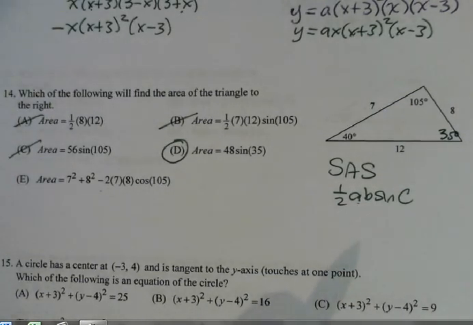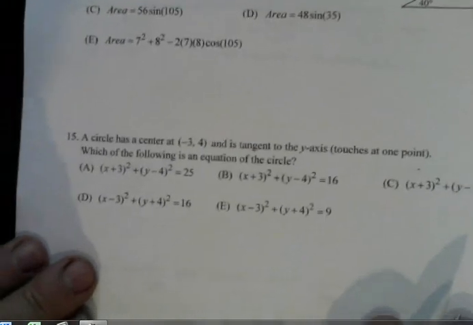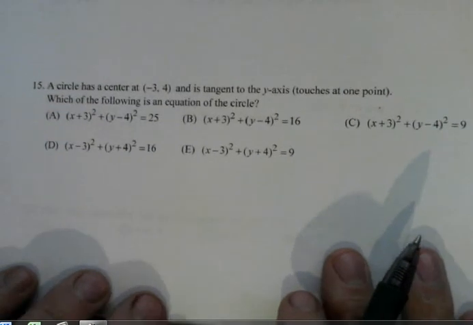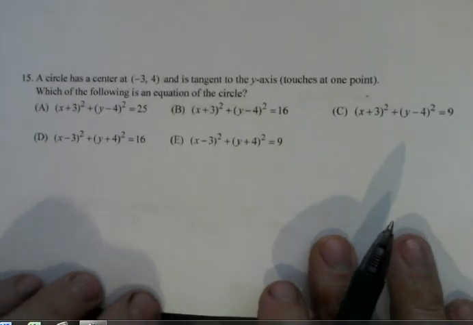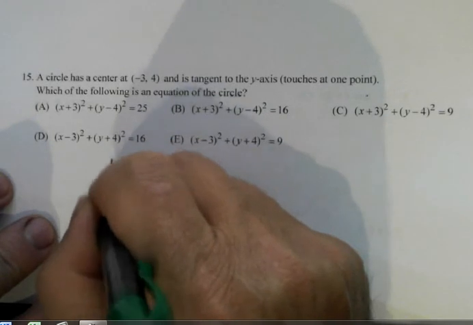Okay, so let's look at number 15. On problem number 15, I'm just going to use this sheet. We have a circle that has a center at -3, 4 and is tangent to the y-axis. You should draw a picture so you get an idea of what's going on.